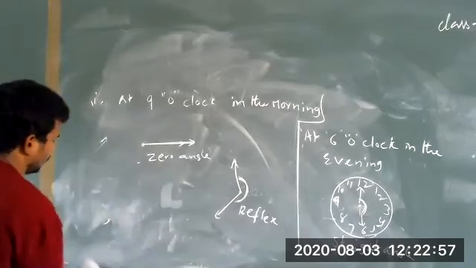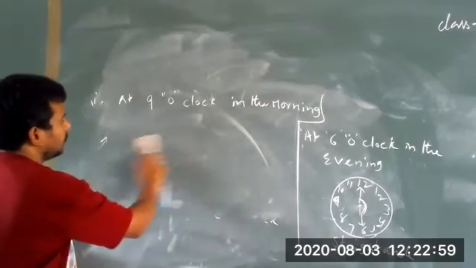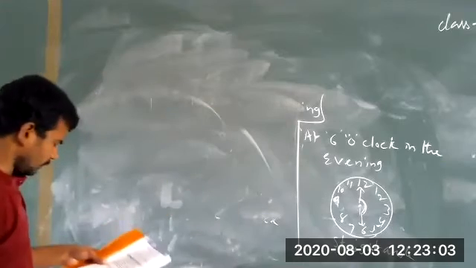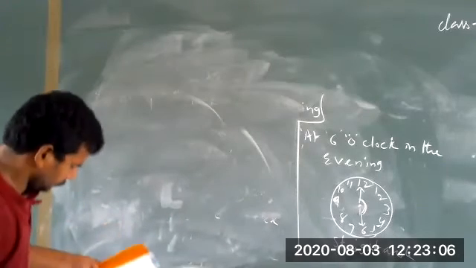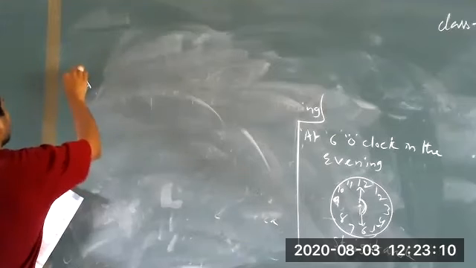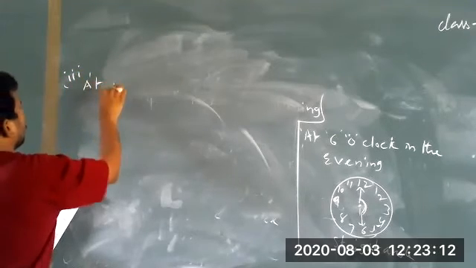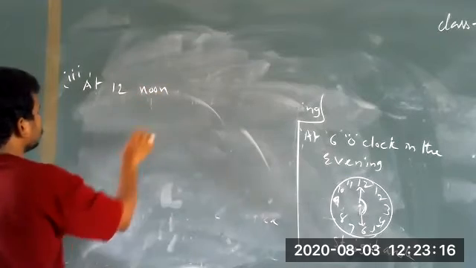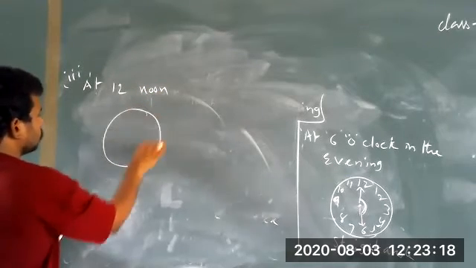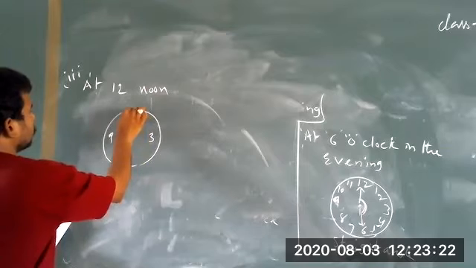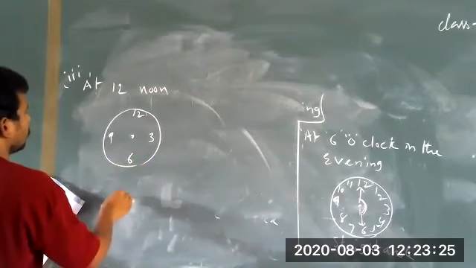Next. Now we are coming to the third problem in the fourth bit. At 12 noon, 9, 3, 12, 6.